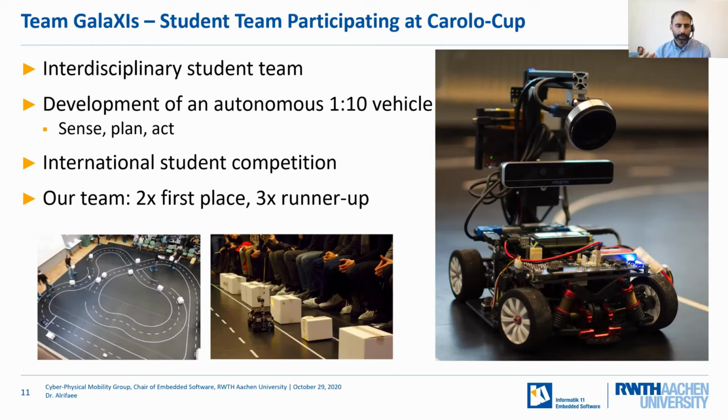And what you learn in Karolo Cup, what you develop is sense, plan, act. So the vehicle has to sense the environment, has to plan the next actions, and has to act on the actions.